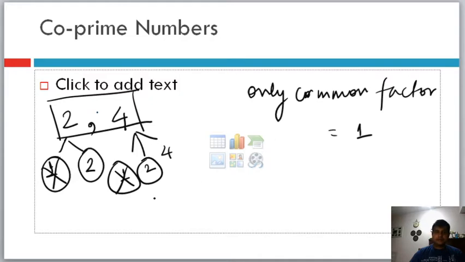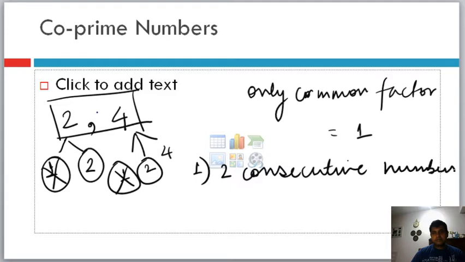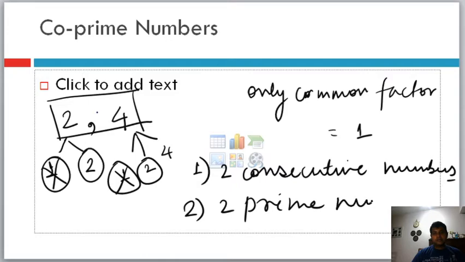Examples: first, any two consecutive natural numbers will be co-prime. Remember that 2 and 3, 3 and 4, 10 and 11 are co-prime numbers, and 1 is the only common factor. Then any two prime numbers will also be co-prime, because both of them are prime numbers. This is also an example of co-prime numbers.